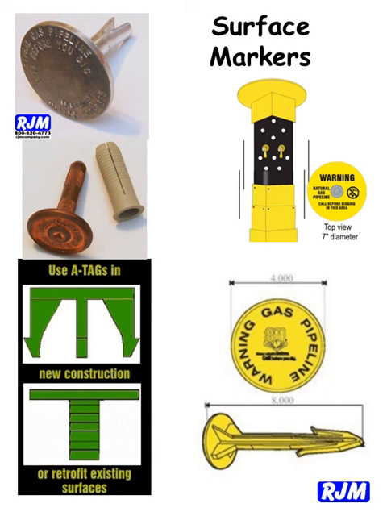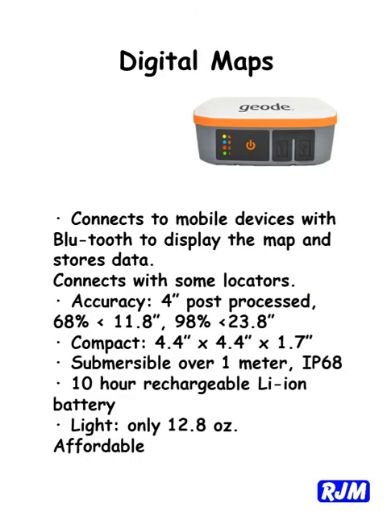Surface markers for soil, concrete, curbs, and streets make it easy to locate and warn of buried pipes. After locating, if your pipes are accurately mapped, you can save a lot of time in the future. Accurate digital maps are great for planning also.